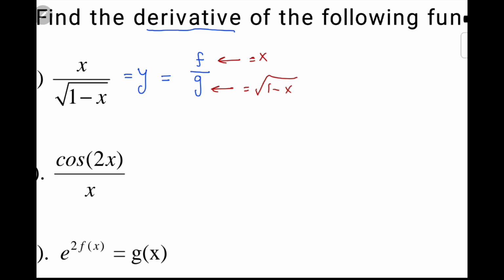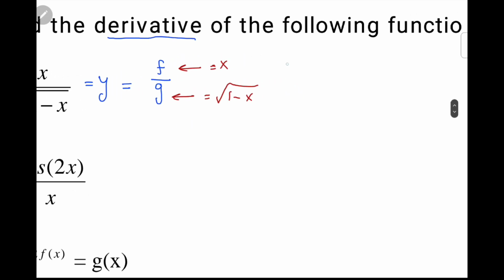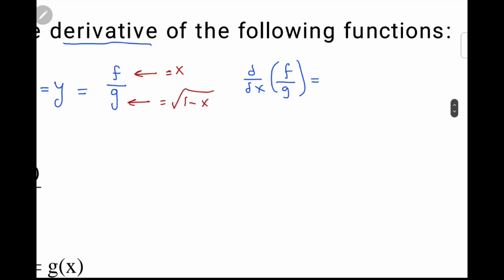And then use the quotient rule, which says that d by dx of f over g is equal to g f prime minus f g prime divided by g squared. That's one way to do that. So this is the first approach.